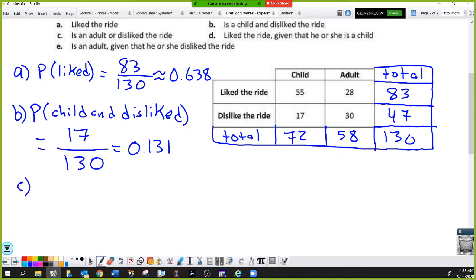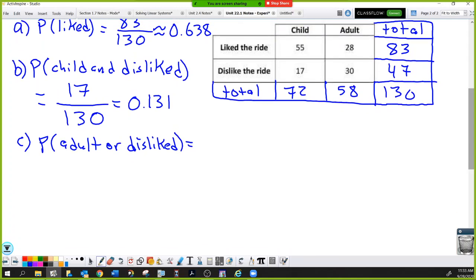Part C, adult or disliked. Probability of adult or disliked. Now this one is a little more interesting.